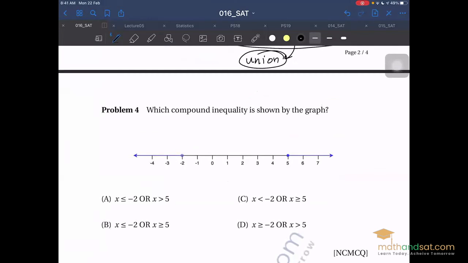Which compound inequality is shown by the graph? Can you tell me what the answer is?